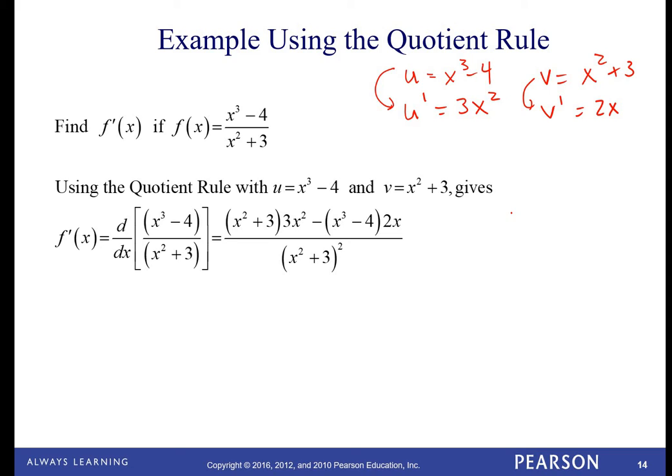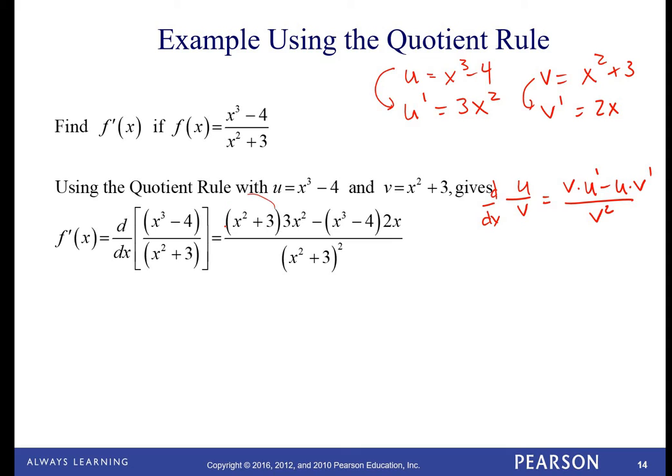They didn't do it, so let me write it here. So remember, u over v, if I'm taking the derivative, is going to be low d high minus high d low over the square of what's below.